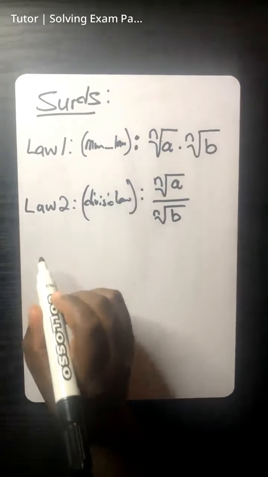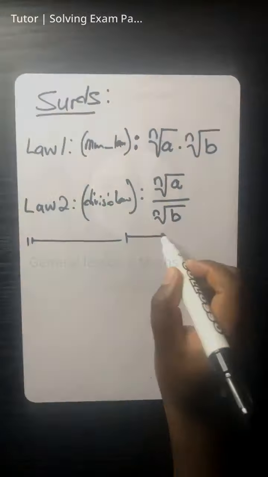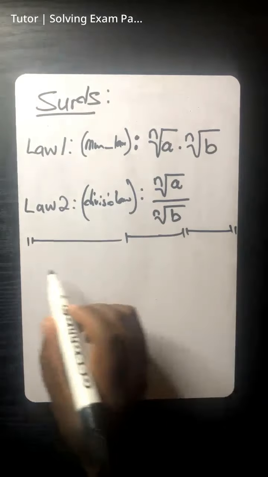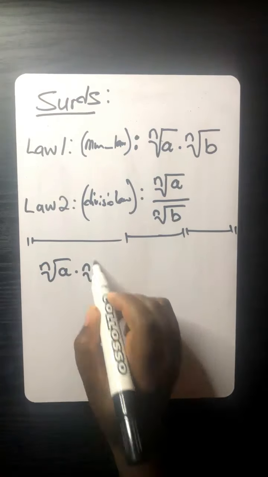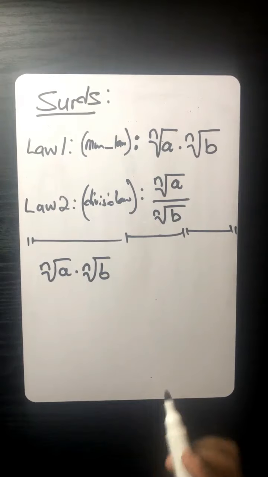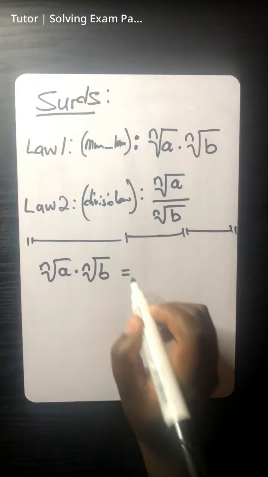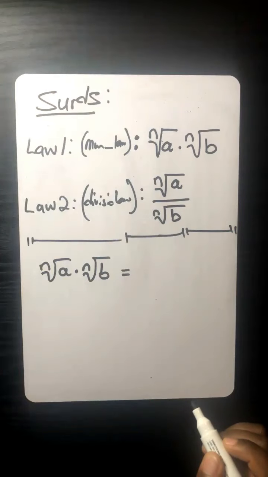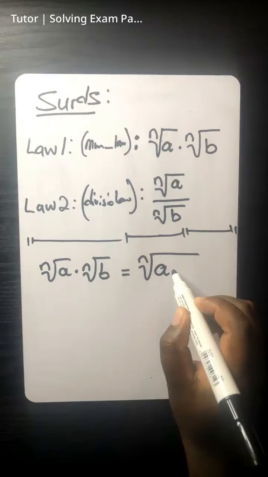Ladies and gentlemen, it means if you've got the nth root of a multiplied by the nth root of b, because you are multiplying that and that, this can be equated to the nth root where you multiply a and b.